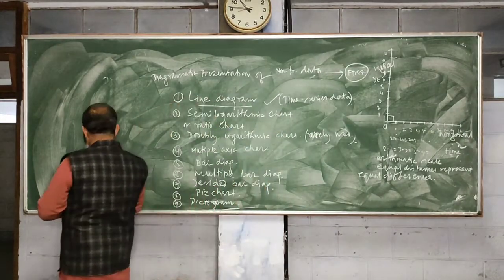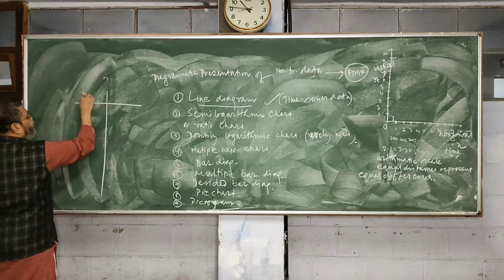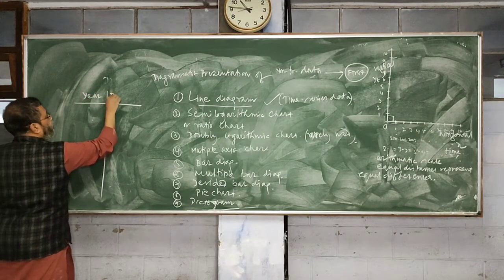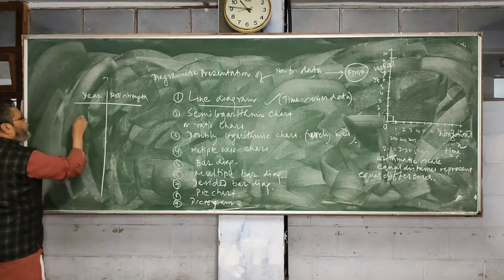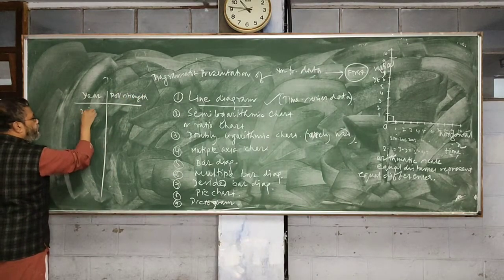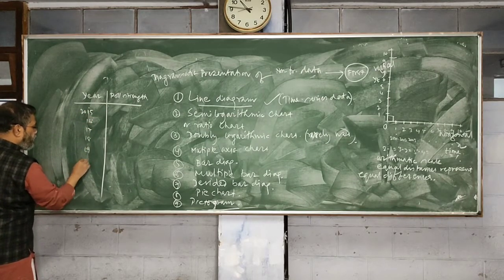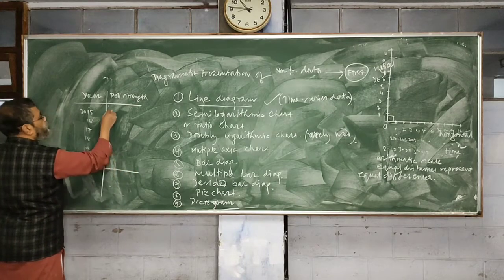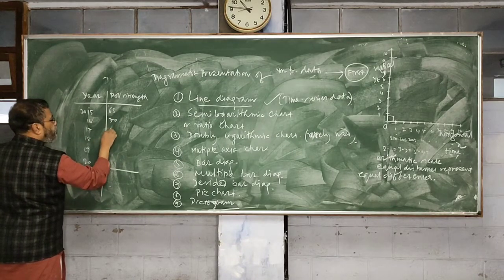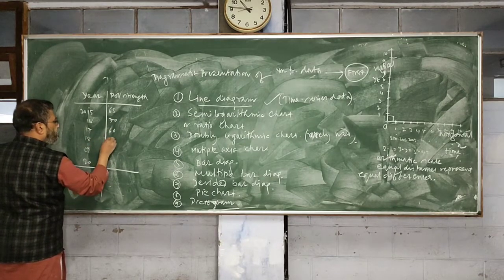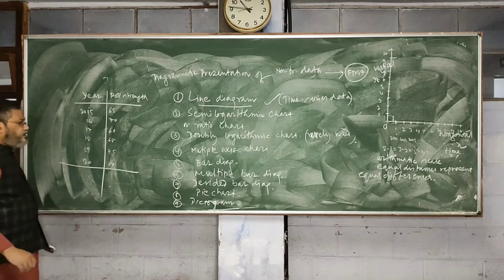Suppose the data is like this: year and roll strength. Years 2015, 16, 17, 18, 19 and 20. I assume the roll strength is 65, 70, then again 60, then 68, 75, and now suppose this is 80.